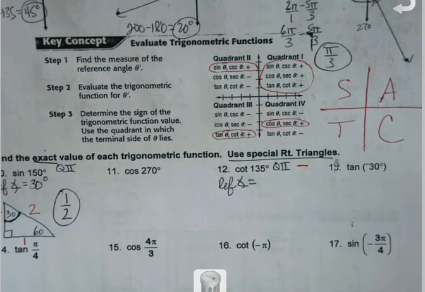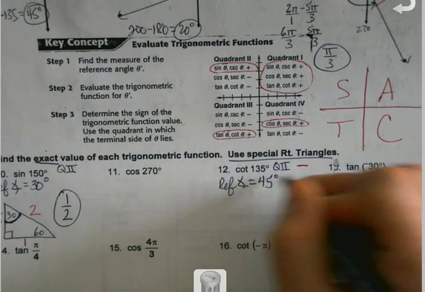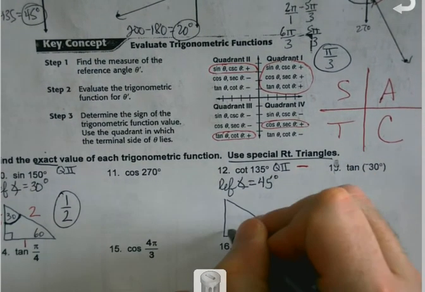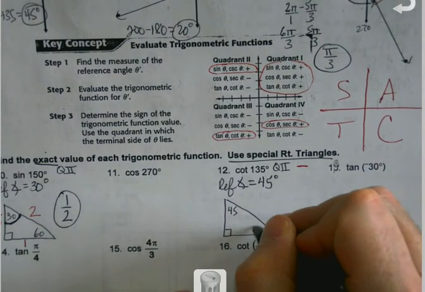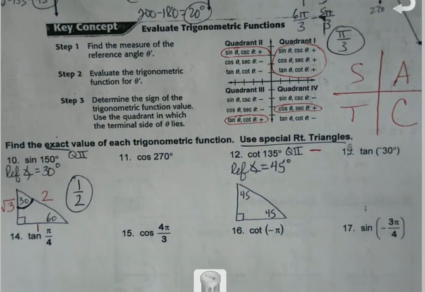What's my reference angle going to be? 45. Because the closest x-axis is going to be when I get to 180. So 180 minus 135 means I have a 45-degree angle as my reference, which means I'm going to be working with a 45, 45, 90 triangle, which again has different ratios than the 30, 60, 90 does.